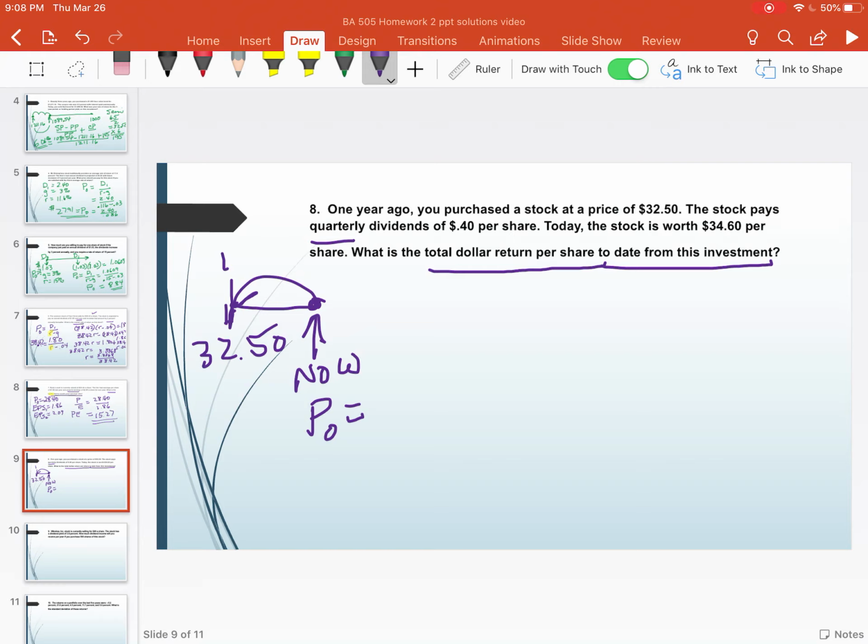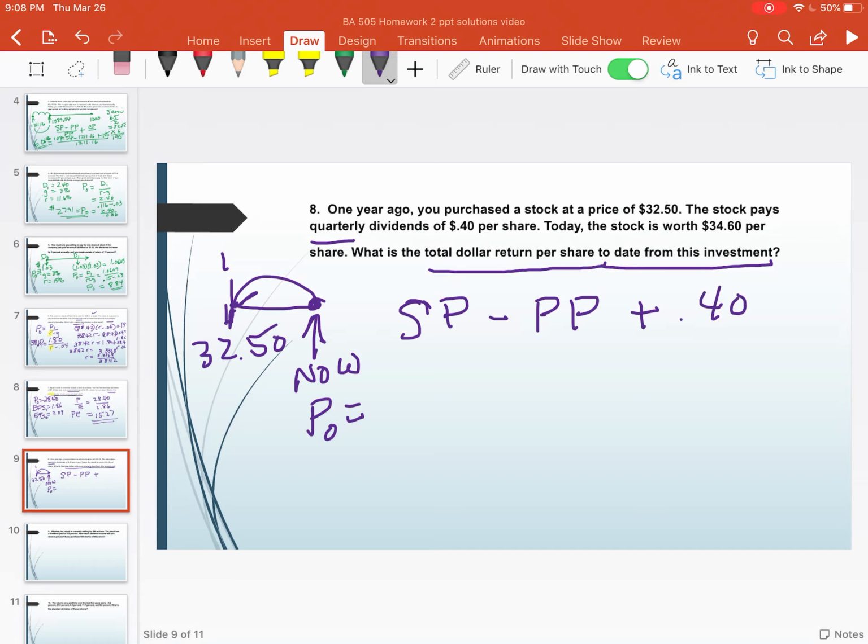Again, this is similar to the bond total return because we have the purchase price, and then we have the selling price or the current price if we were to sell it, plus our dividends of 40 cents per share.